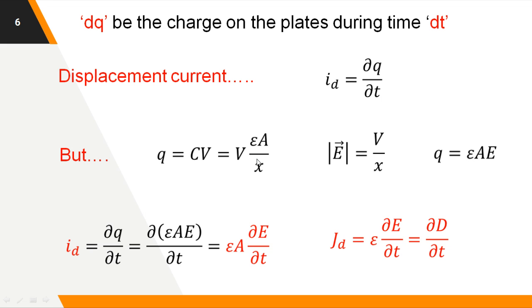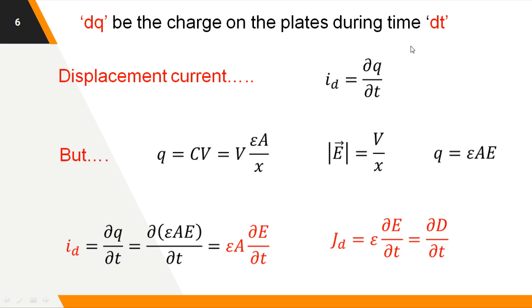But we know the potential difference by the distance is the electric intensity, E is dV by dx. So in place of V by X we can write E, and so q is equal to epsilon A E. This is the displacement current during the process of charging of the capacitor between the plates.